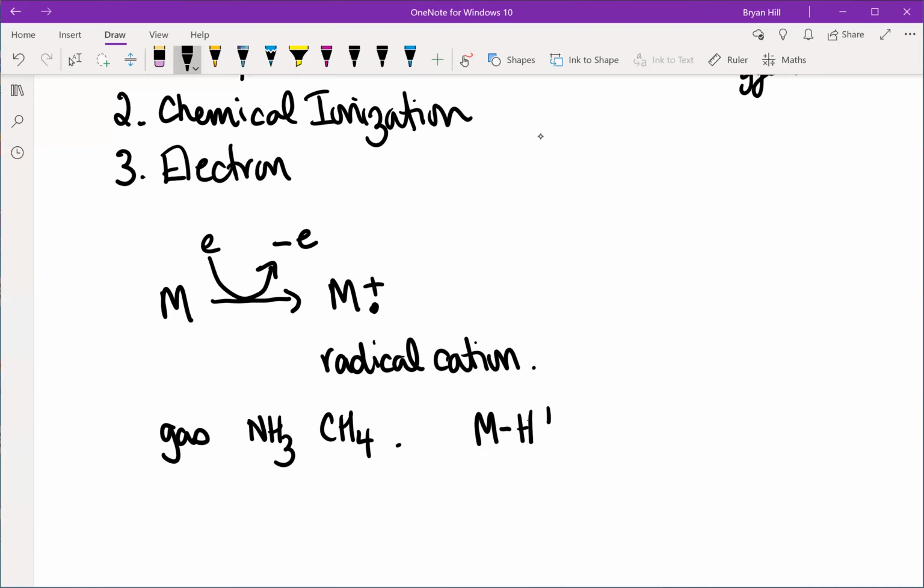So it has got a positive charge through protonation. So those were some of the ionization techniques. So you either have got a radical cation or a protonated species, which is a cation, of course.